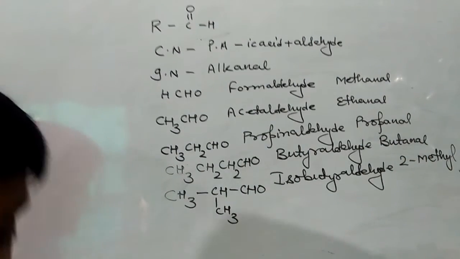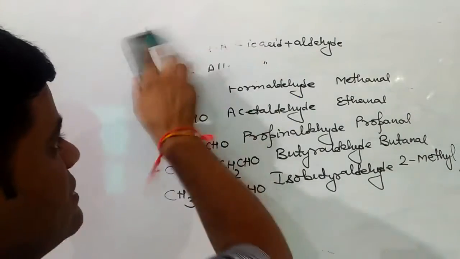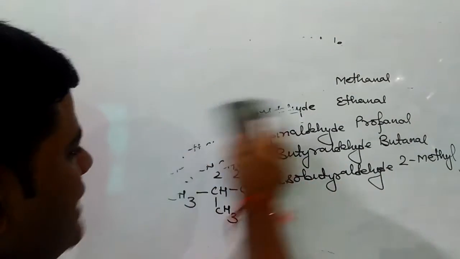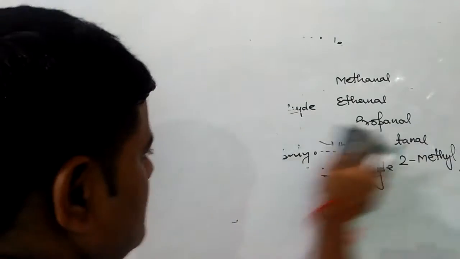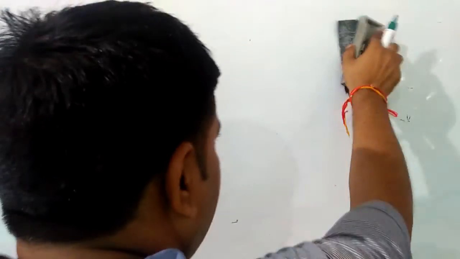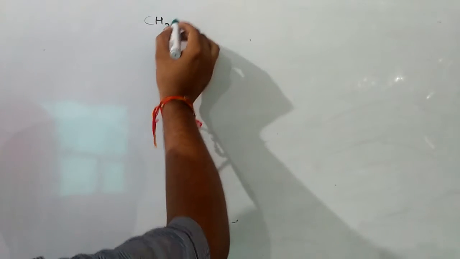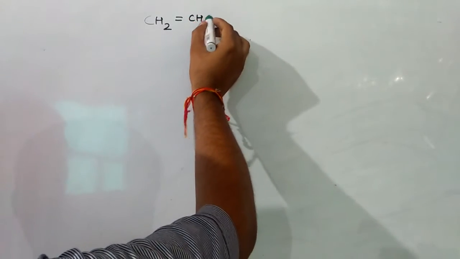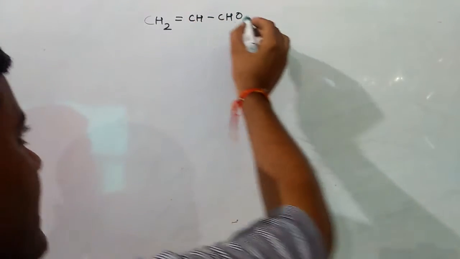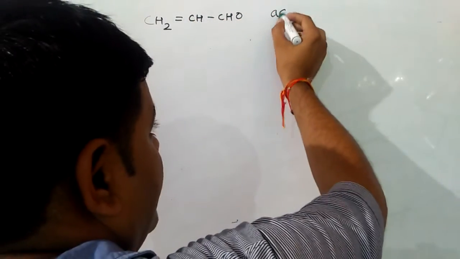After this, we have to discuss a few unsaturated compounds, and the first one is acrylaldehyde. The formula will be CH2 double bond CH CHO.